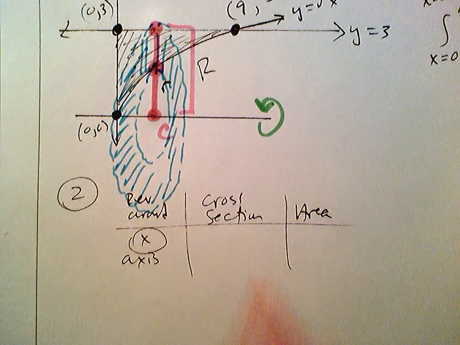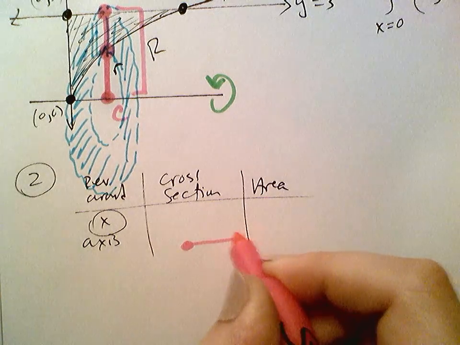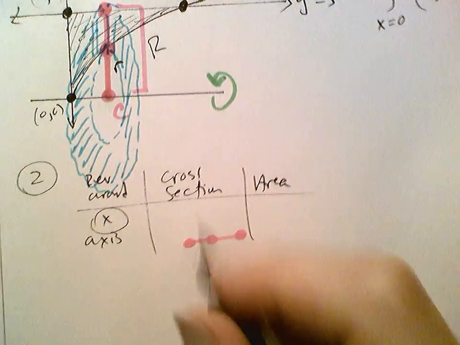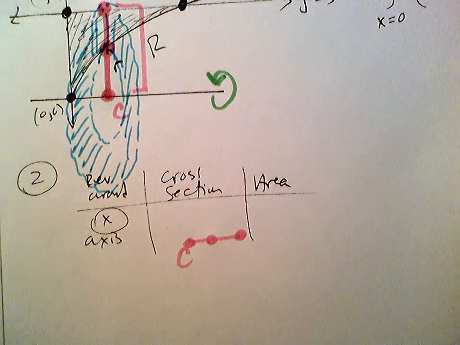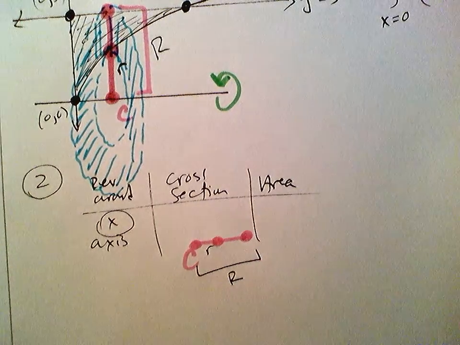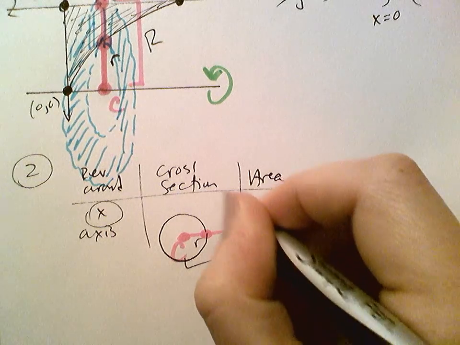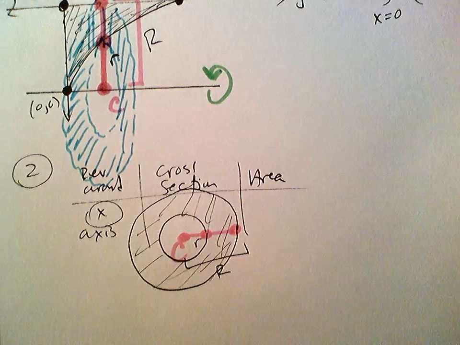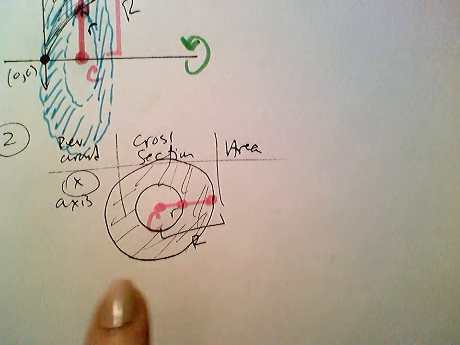There's the center, and then there's the big radius, and then the little radius there. I feel like I'm being very inarticulate. So there's the center, little radius, big radius. And then I'll complete the rest of it. So that'll be the little circle inside, and there's the big circle. So instead of being a disc, the cross section is what's called a washer.